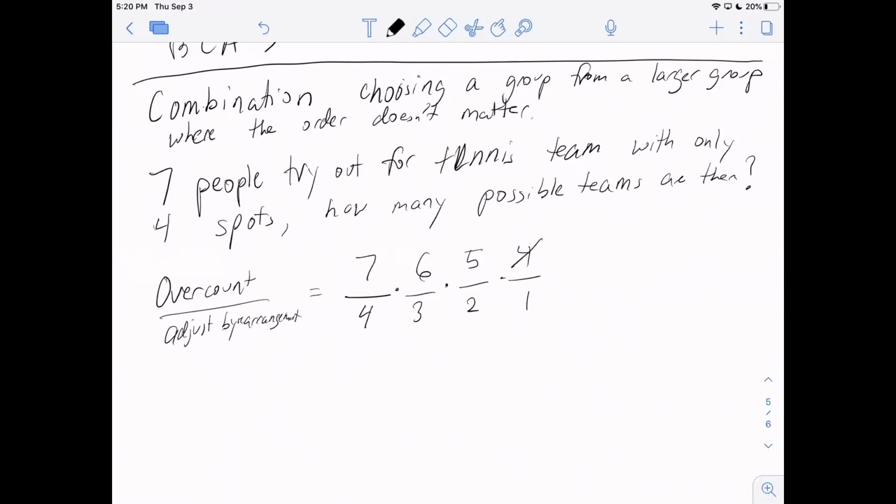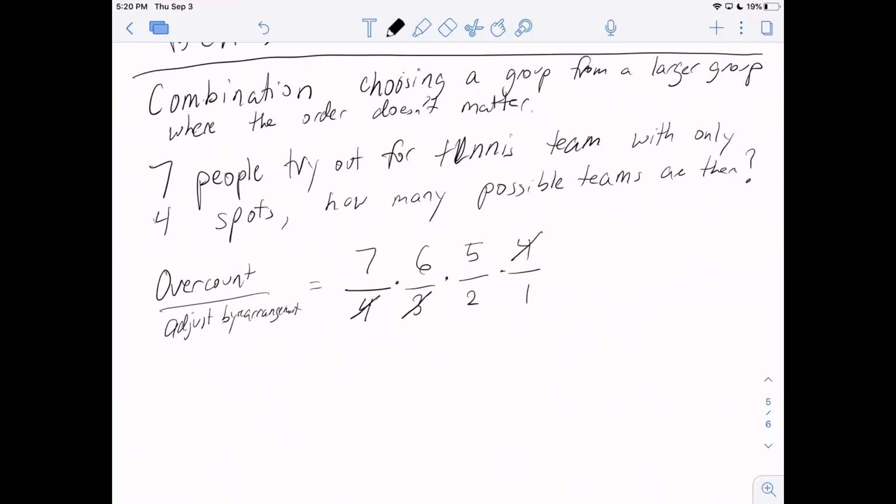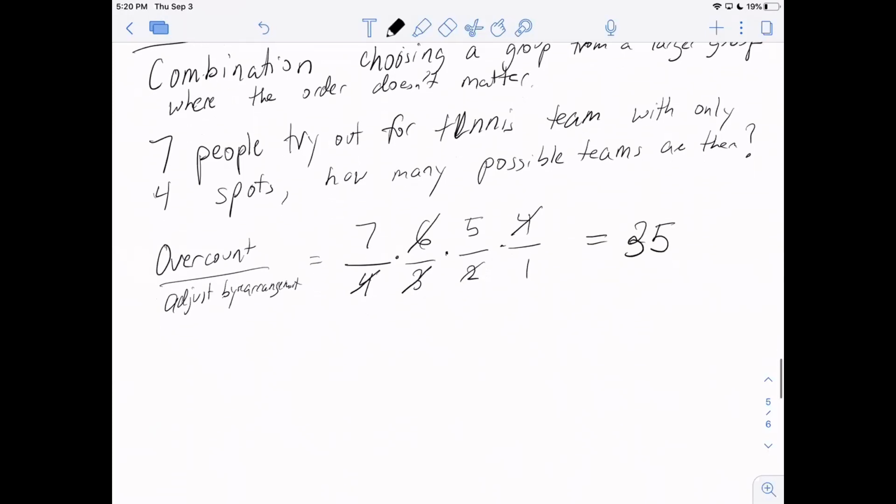One nice thing with calculating these combinations is that you often don't need to actually calculate 7, 6, 5, 4 and also 4 factorial. Before you calculate, simplify. So 3 times 2 cancels with a 6, and you're just left with 35. There are 2 kinds of notations for this. In some books, they write 7C5, which means 7 choose 5.